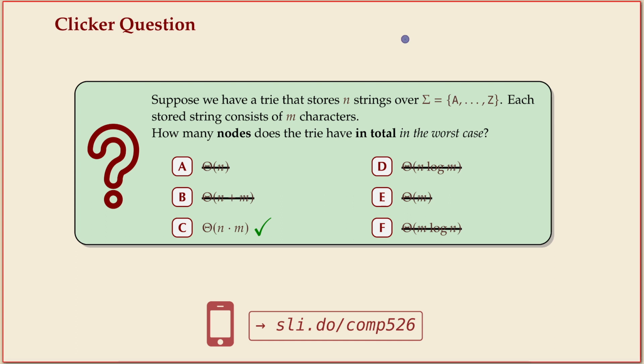Well, what happens in a worst case is that essentially all the strings differ very early on, as early as they possibly can. So the trie would look like this. You have a fan out of 26 for each of the possible letters. I'm not going to draw this in its entirety. And then each of those can again fan out 26-fold.